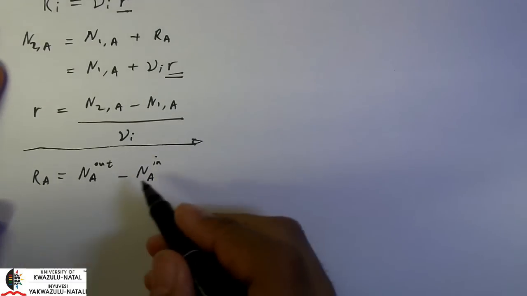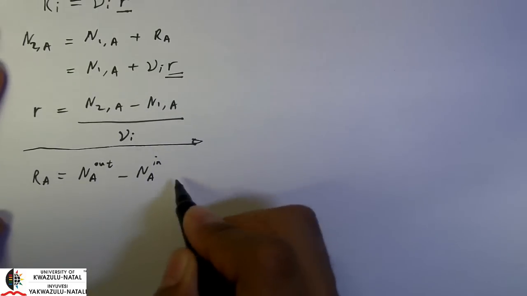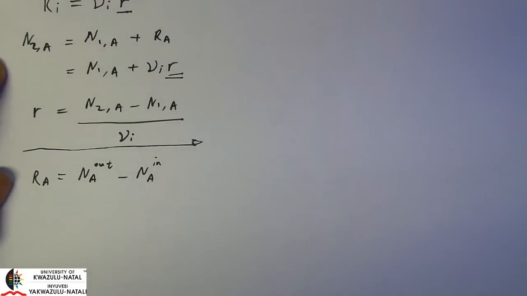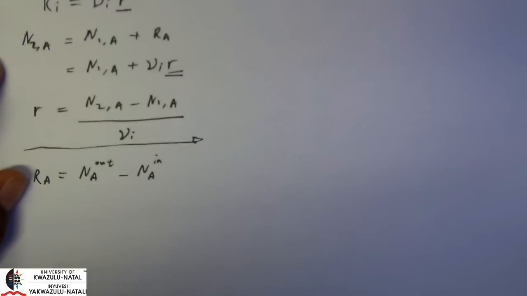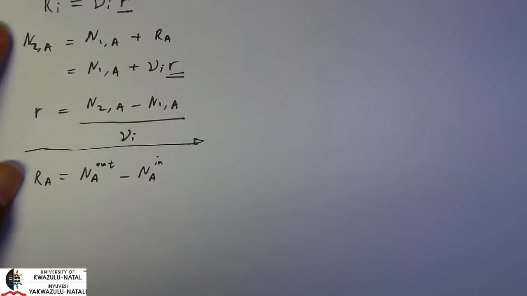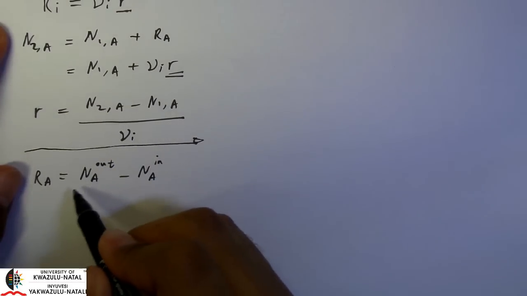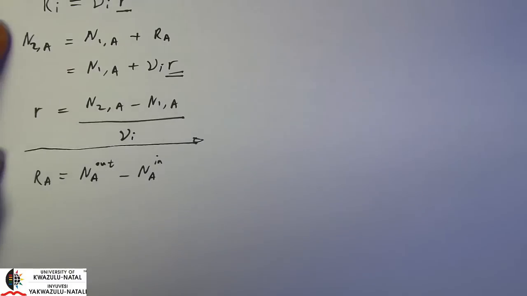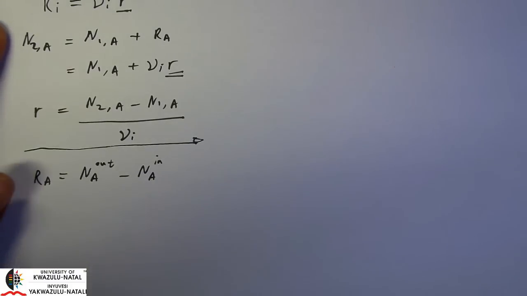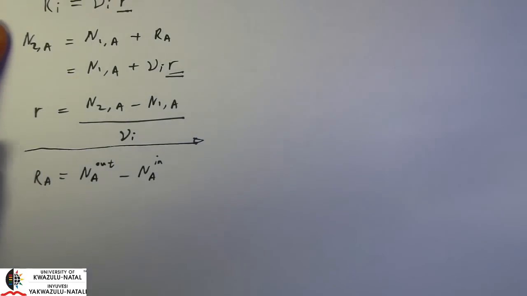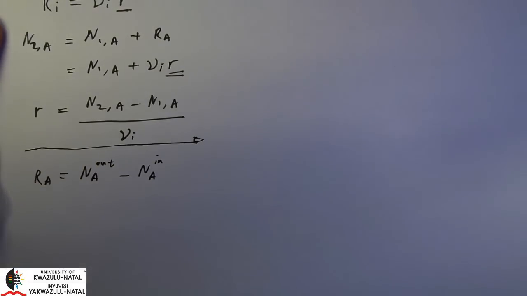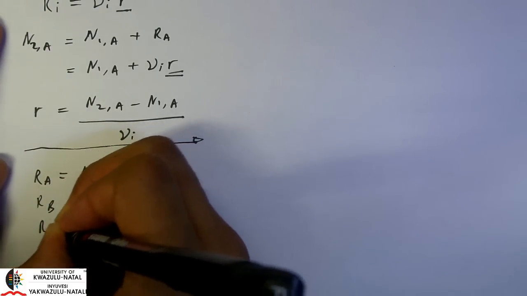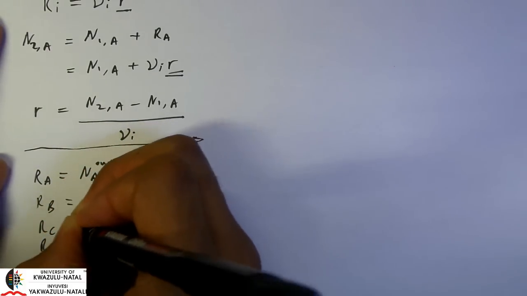Remember we have component A coming in at a certain flow rate. It will be consumed at a certain consumption rate, RA, and the remainder will flow out at an output flow rate. So RA is just the difference between our output and input flow rates. And this is true for RB, RC, and RD as well.